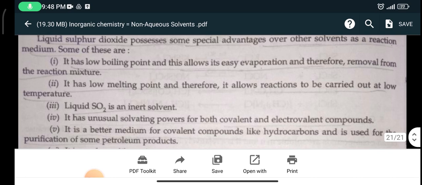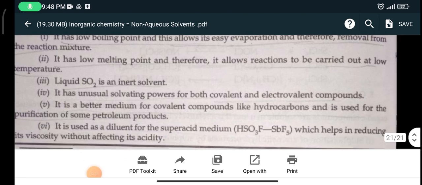Liquid SO2 is an inert solvent. It has unusual solvating power for both covalent and electrovalent compounds. It is a better medium for covalent compounds like hydrocarbons and is used for purification of some petroleum products.